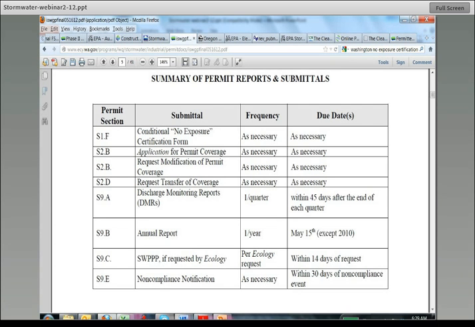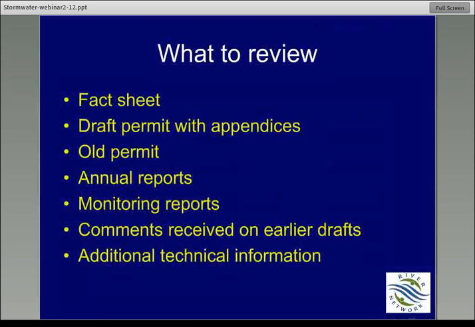Their annual report once a year. And again, here's an example, the SWPPP, Stormwater Pollution Prevention Plan, if requested, has to be provided within 14 days of request, but it's not necessarily at the agency. And then there's non-compliant notification. So these kinds of things are listed on the state websites or in the state permits, and they're things to look out for as you're reviewing.